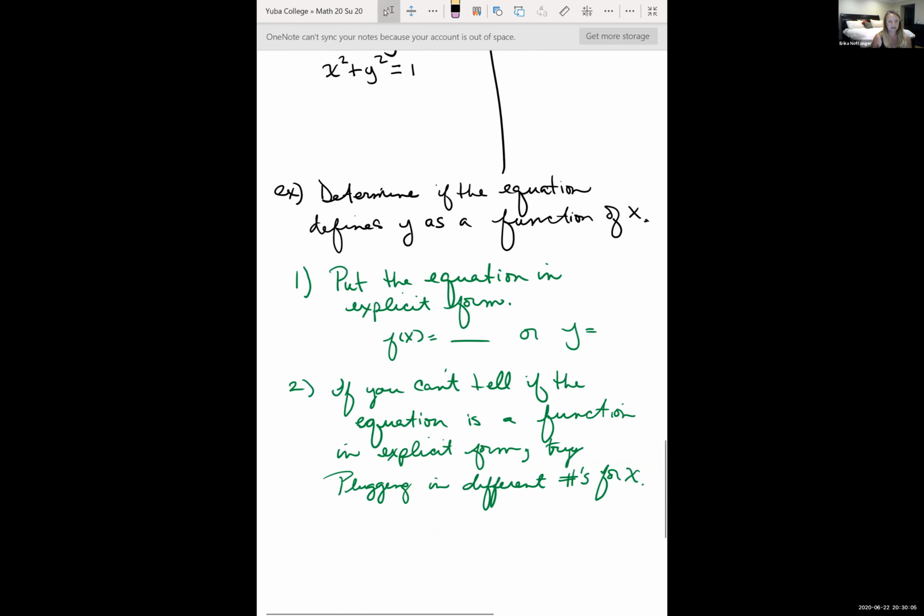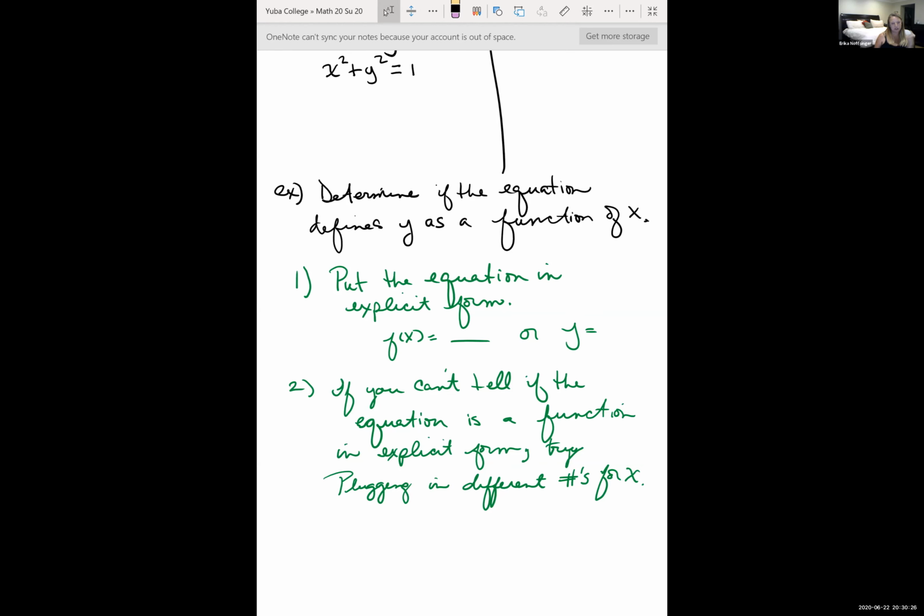So in order to see if it's a function, we're basically testing every value we plug in for x. Are we only getting back a single y value if that x is in the domain? If you can plug in one value for x and you get more than one y value back, then it's not a function.